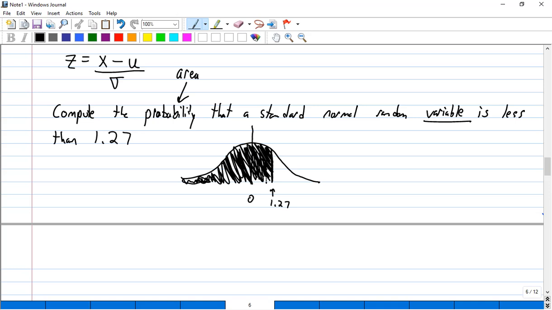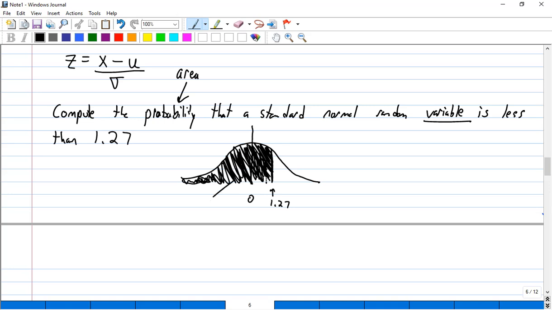So 1.27. Put your finger on that value there. That is the area under the curve for the x value of 1.27. That's the area cumulative from left to right, or from left all the way up to that number. So what did you get? 0.8980.